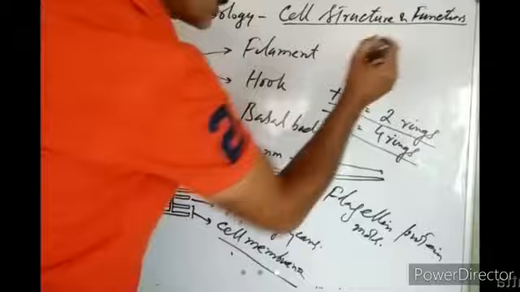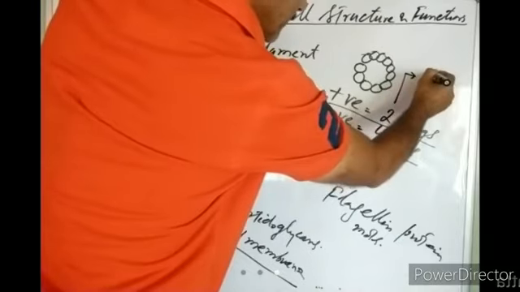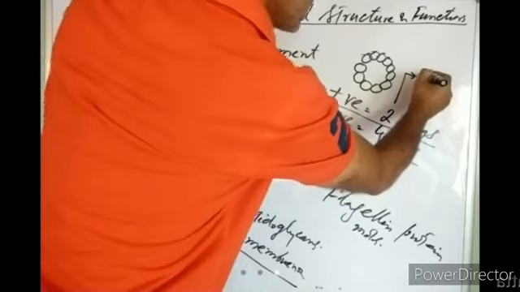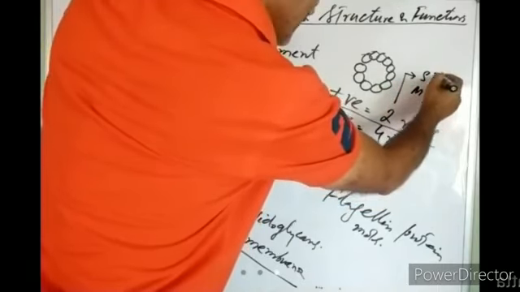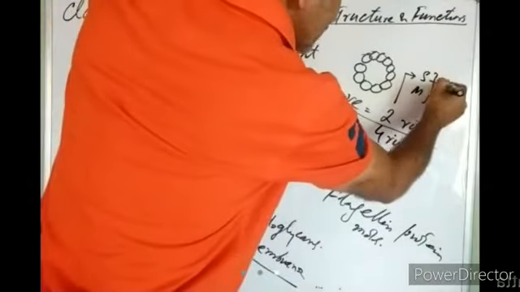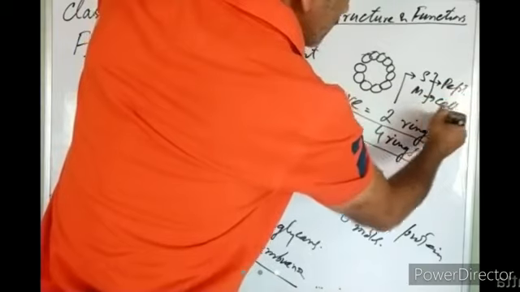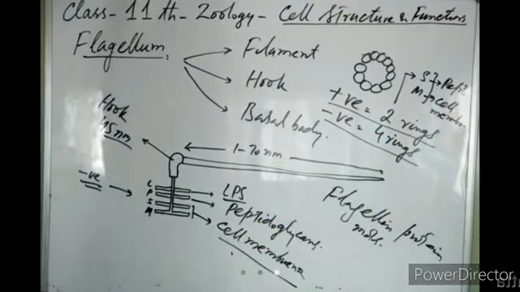What about the 2 rings of gram-positive bacteria? They are S and M. S is present in peptidoglycans and M is attached to the cell membrane. So in gram-negative bacteria, there are 4 rings, and in gram-positive bacteria, there are 2 rings.